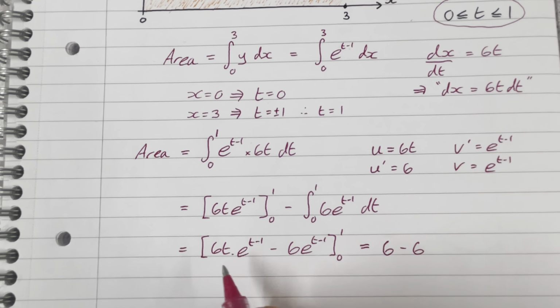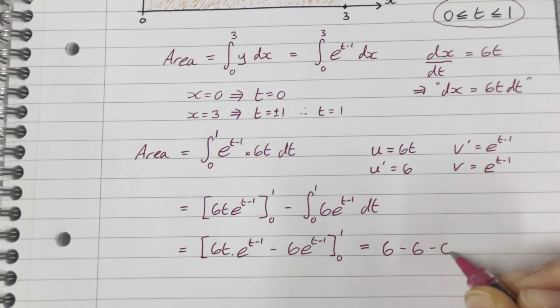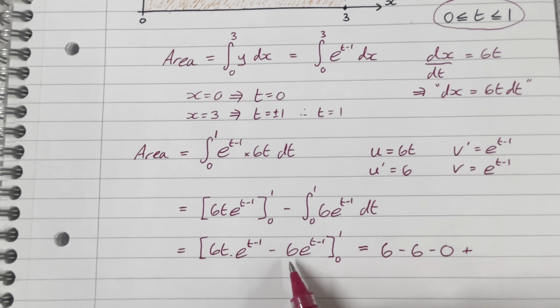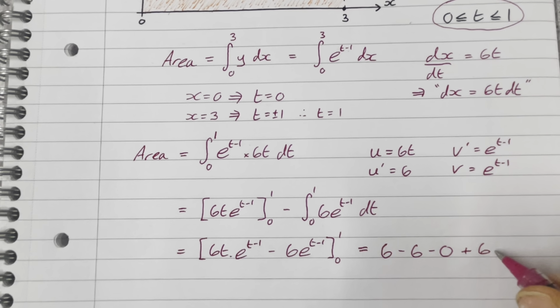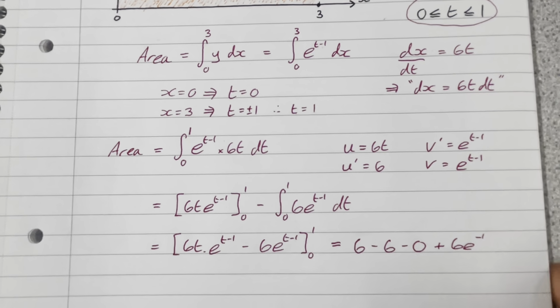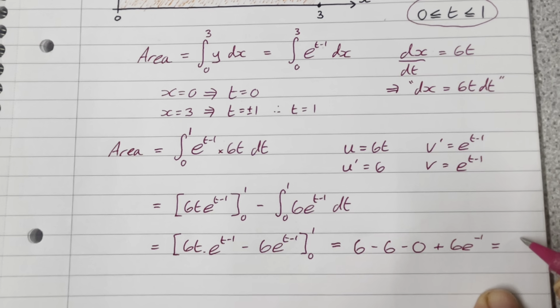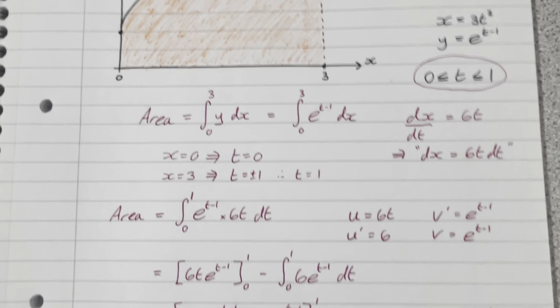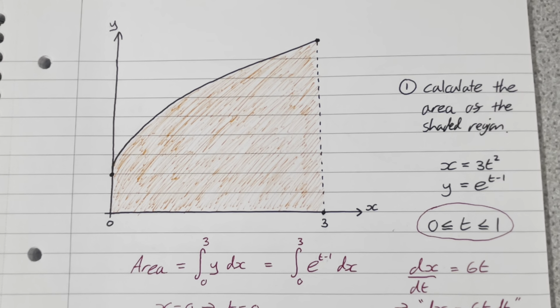Plug in 0. 6 times 0, 0, doesn't matter what this is. And then minus 6e to the minus 1. So the answer then is just 6e to the minus 1, or 6 over e. And that's the answer. That is the exact area of that orange bit there.